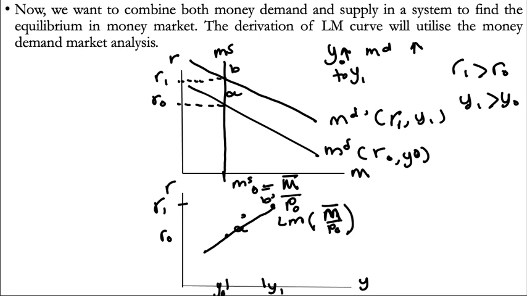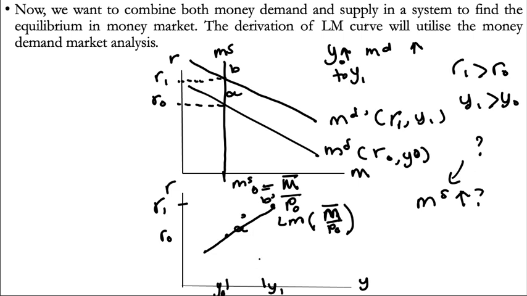Can we have a shift in LM to the right or to the left? Can you figure out the determinants or factors that could lead to the shift in LM? Could it be an increase in money supply? But what makes money supply increase?